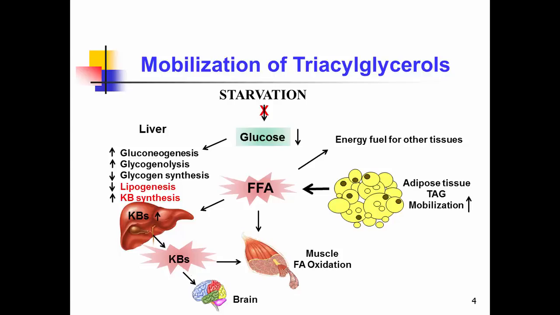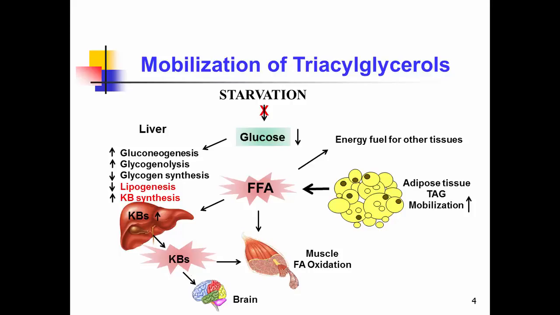In addition to fatty acids, the ketone bodies are also very important alternative energy fuels that our body uses during the fasting condition. The ketone bodies are made from fatty acid oxidation in the liver.